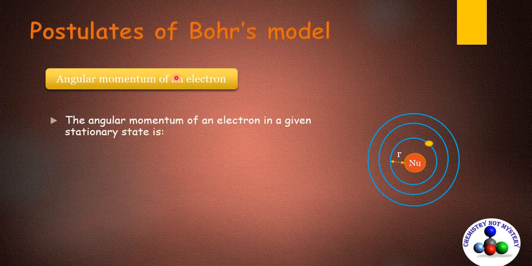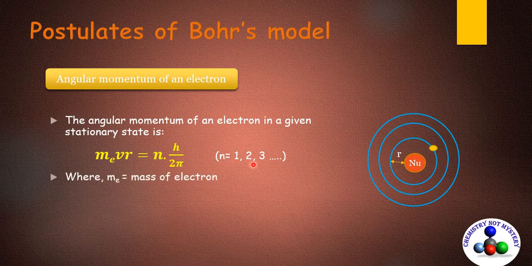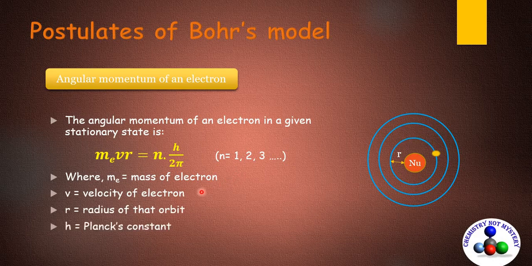Bohr also calculated the angular momentum of an electron in a given stationary state as mvr is equal to nh upon 2 pi, where n is equal to 1, 2, 3 and so on. m is the mass of electron, v is the velocity of electron, r is the radius of that orbit, and h is the Planck's constant.